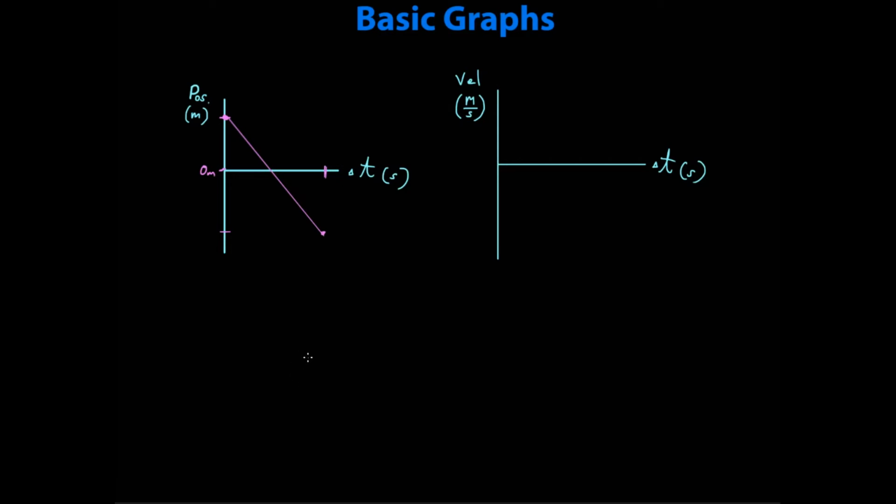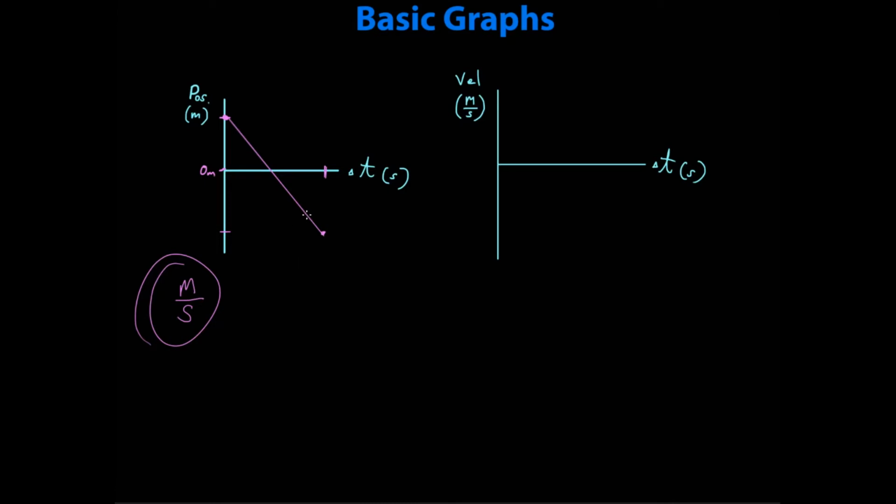I'm going to take the rise over run, and I'm just going to do it with the units I have here. So the rise on the y-axis is meters, and the run on the x-axis is seconds. I do that, and I have the unit meters per second. Well, this is the unit for a speed or a velocity.